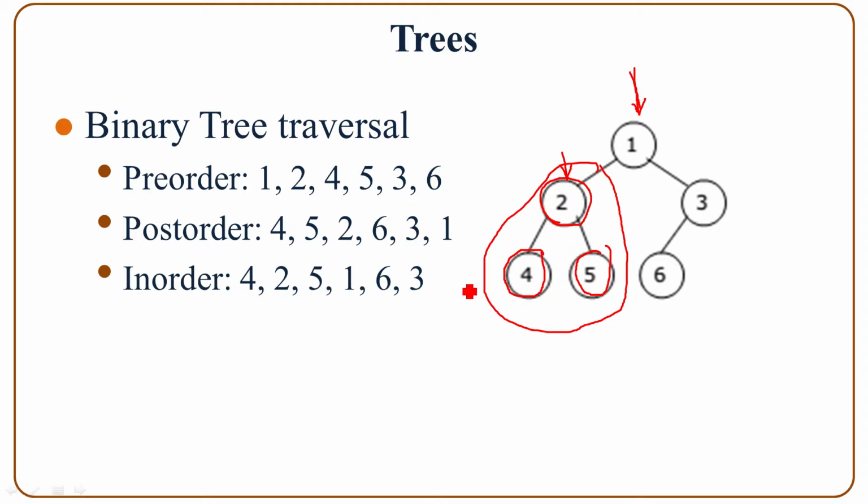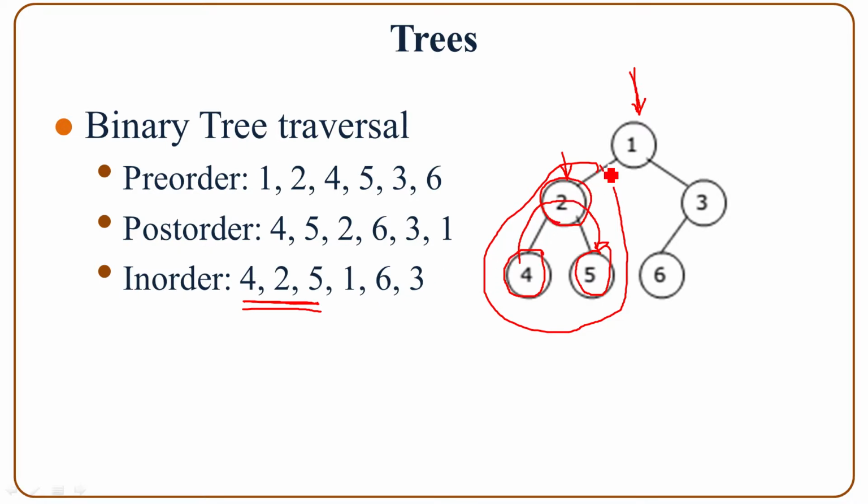So we follow the order from left to the root and to the right. You can see here the order of the first 3 nodes are 4, 2, and 5.